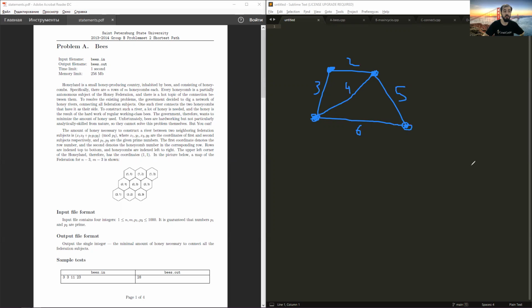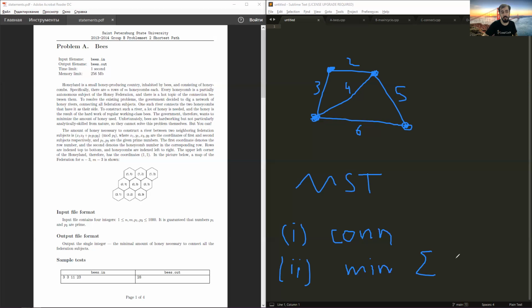So the minimum spanning tree, which is commonly abbreviated as MST, is a connected subgraph of our graph, right? So first it has to be connected. And second, it has a minimum total edge length.